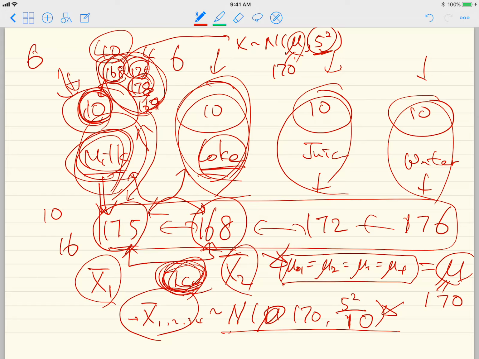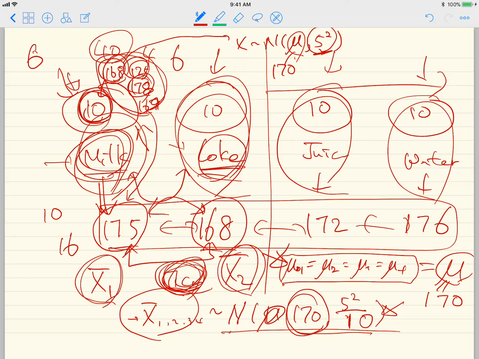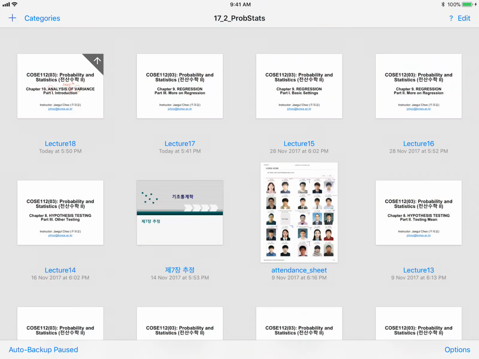Let's remove the two other cases for now. Between these two cases, the null hypothesis is that x1 bar and x2 bar, the sample means from these two groups, follow the same distribution, more exactly the same mean value. The alternative hypothesis is that these two values are different. We start with the null hypothesis.